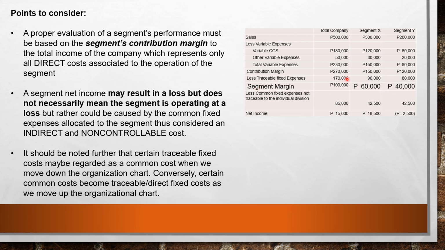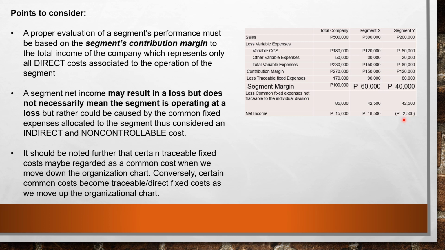As long as the segment margin is positive, then those segments are performing well. The second point is that a segment may have a net loss, but it doesn't necessarily mean that the segment is operating at a loss or underperforming.